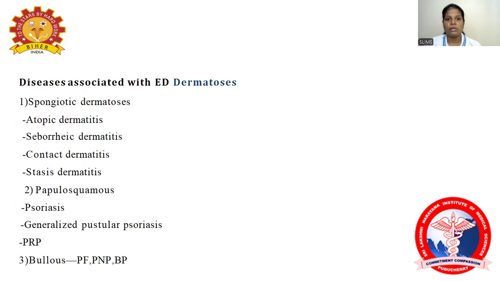Diseases associated with erythroderma: spongiotic dermatosis, conditions like atopic dermatitis, seborrheic dermatitis, contact dermatitis, stasis dermatitis, and papulosquamous disorders like psoriasis, generalized pustular psoriasis, pityriasis rubra pilaris, and bullous conditions like pemphigus foliaceus, paraneoplastic pemphigus, and bullous pemphigoid.